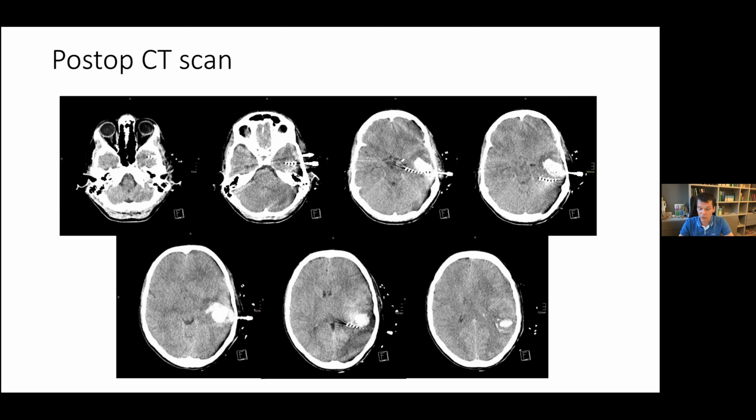The error at the entry point is between 2 and 4 millimeters, I would say. So if we choose our entry point, we try to take the crown of the gyrus and not to be too close to the sulcus or a cortical vein.